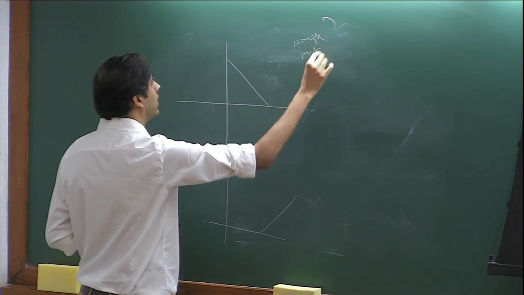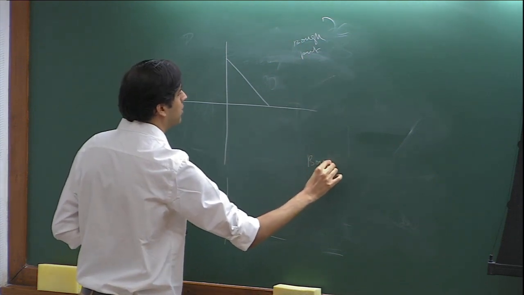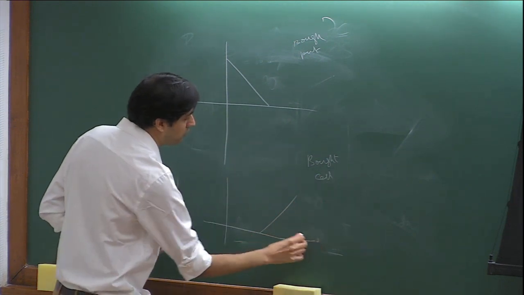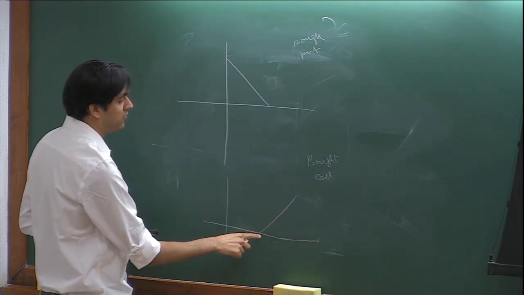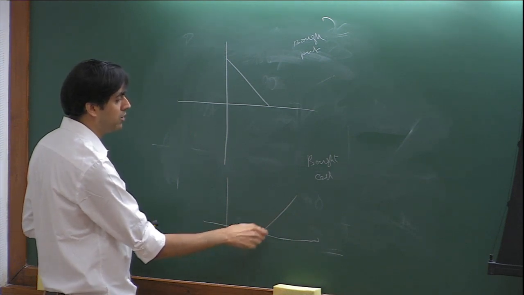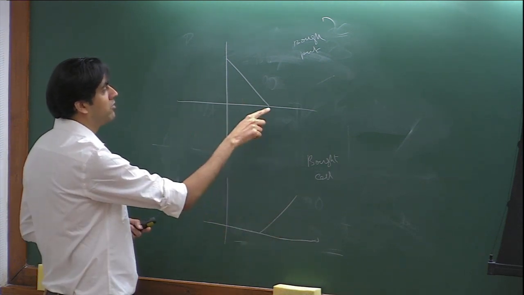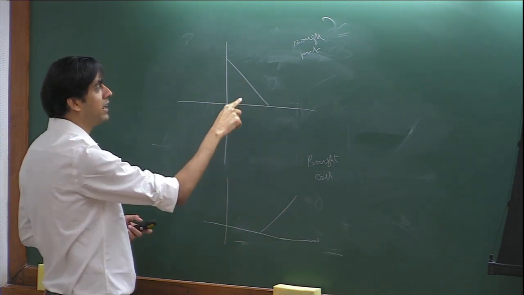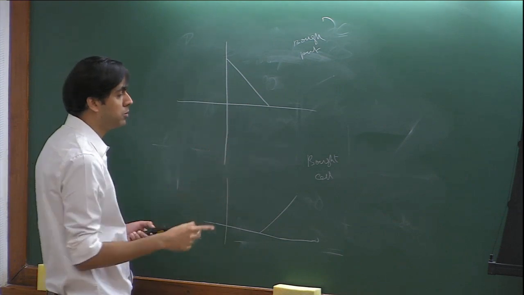Why does it look like this? Because if the value of the stock is greater than the price you have to pay to buy it, you make an immediate profit. And if the value of the stock is less than the price you have agreed to sell it at, you make an immediate profit in the case of the put option.